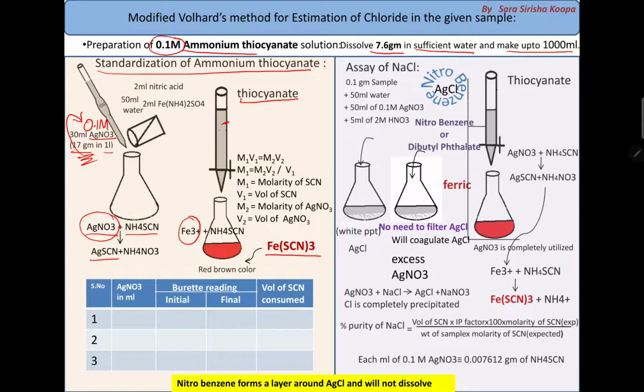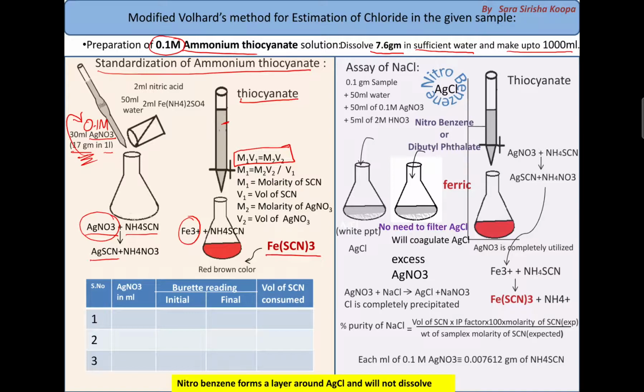Whatever reading you get, you note, and substitute in the formula M1V1 equals M2V2, where M1 is molarity of thiocyanate and V1 is volume of thiocyanate, M2 is molarity of silver nitrate, V2 is volume of silver nitrate. By substituting all these values, you are going to get the molarity of ammonium thiocyanate.